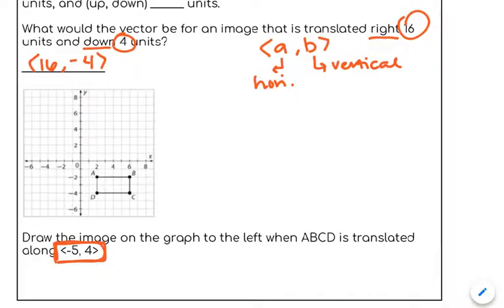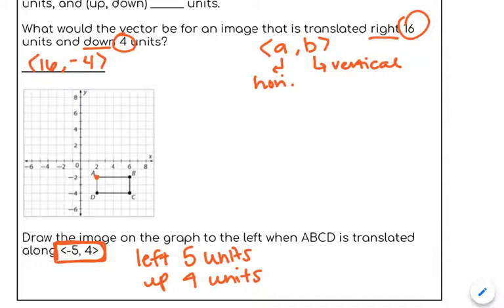Okay, so this means that we're going to go left, because it's -5 units, and we're going to go up because it's +4 units. You can start at any of these points. I'm just going to start with A. I'm going to go left 5 units and up 4 units to get A prime.